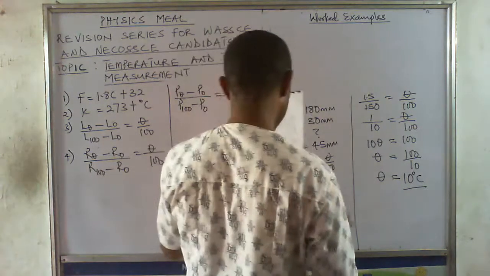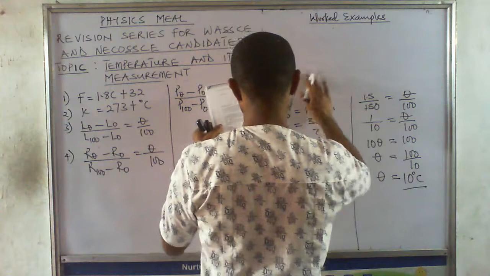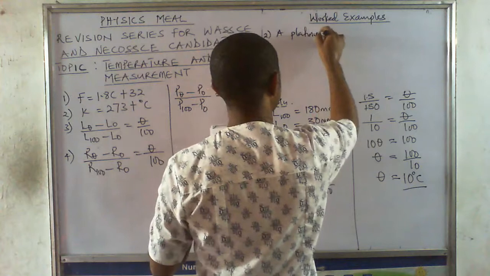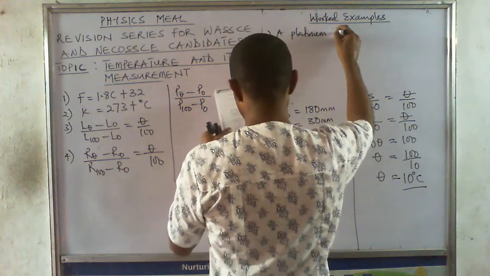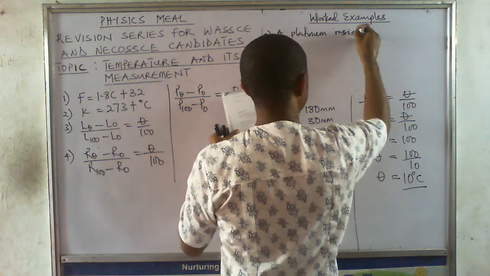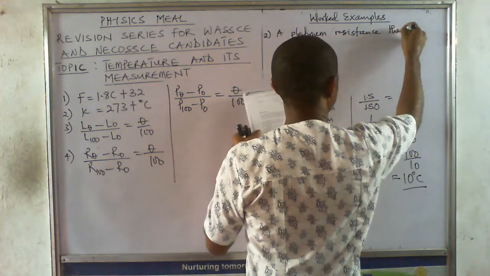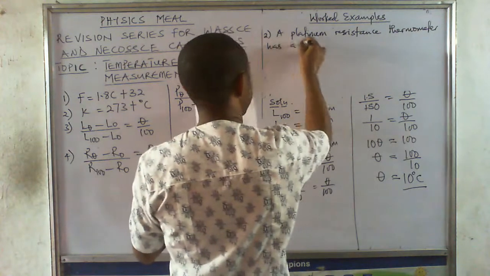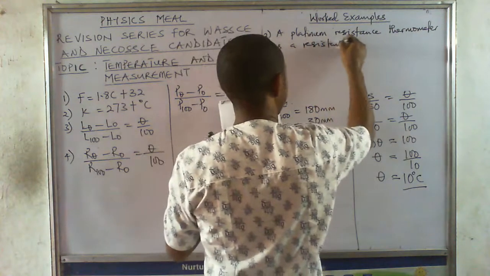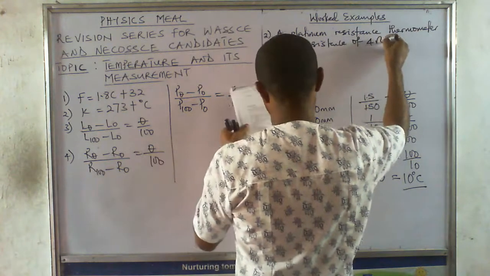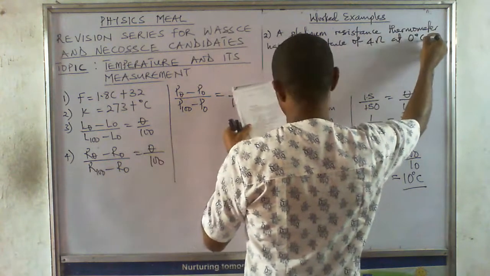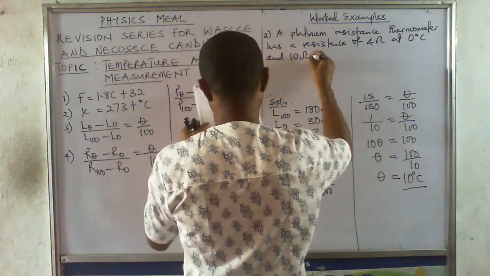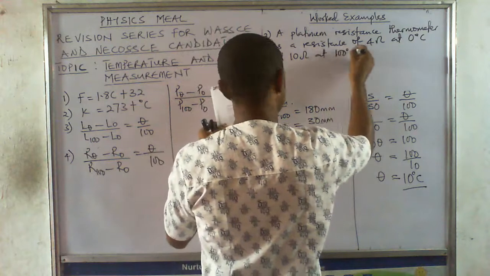Let's say a platinum resistance thermometer has a resistance of 4 ohms at 0 degrees and 10 ohms at 100 degrees.